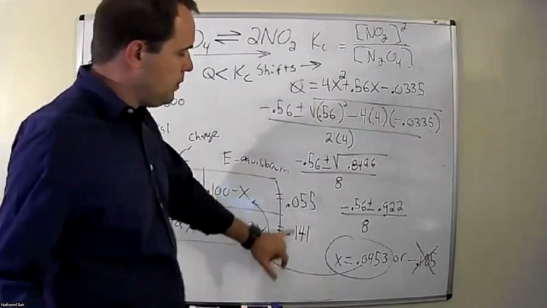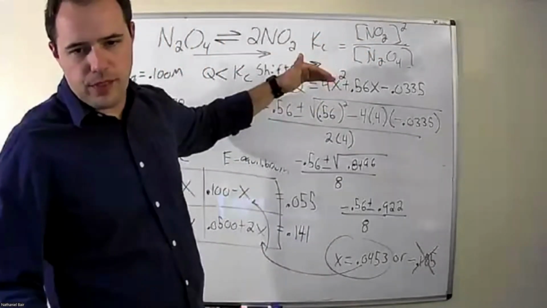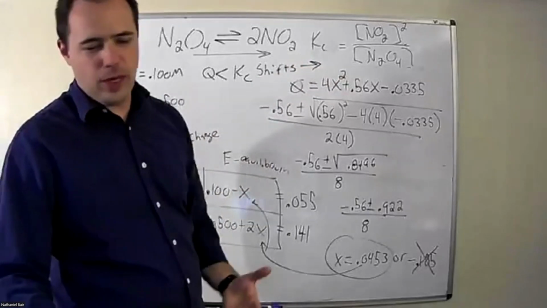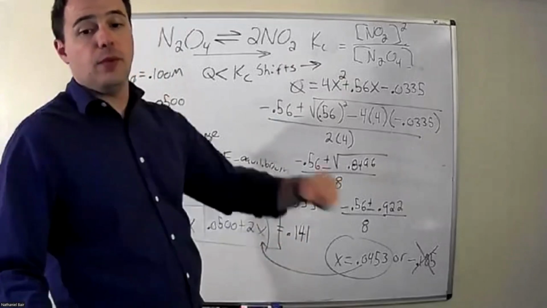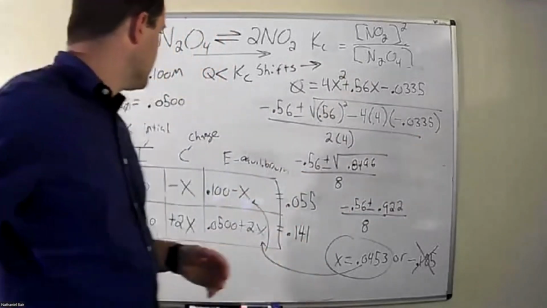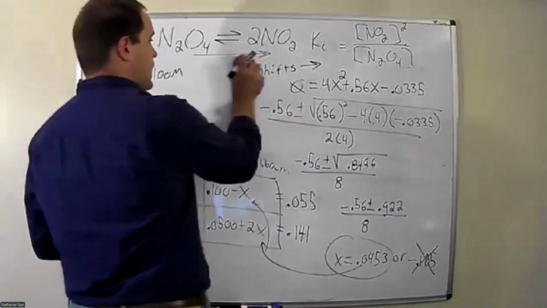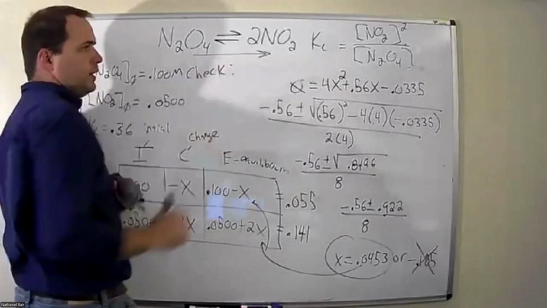So if we plug these equilibrium values into the mass action expression, we should get 0.36 if we did this correctly, right? If these are truly the equilibrium concentrations, then we should get the equilibrium constant if we plug them in. So let's check our work here. We're going to do a little check.